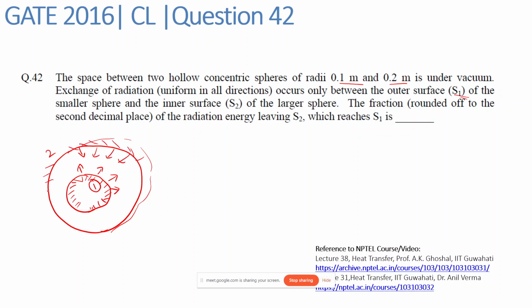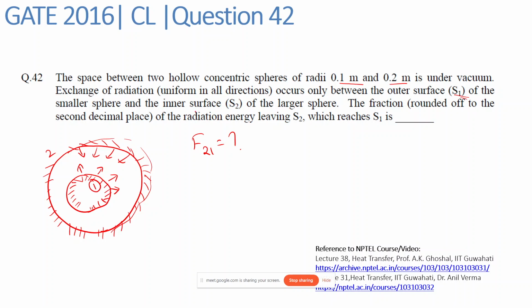It won't occur from the outer direction. Now we have been asked for the fraction of radiation energy leaving S2 which reaches S1. So we have been asked to find F21 equal to question mark, and F21 we defined as the radiation energy leaving S2 and reaching S1.